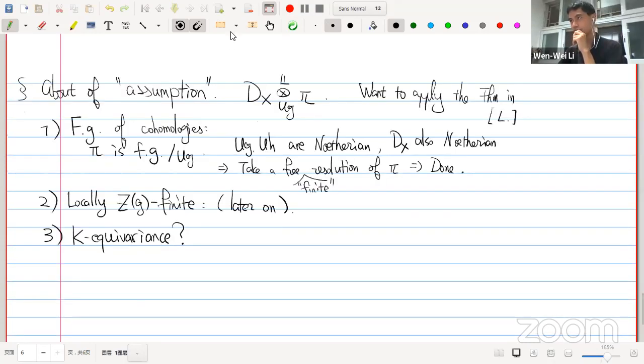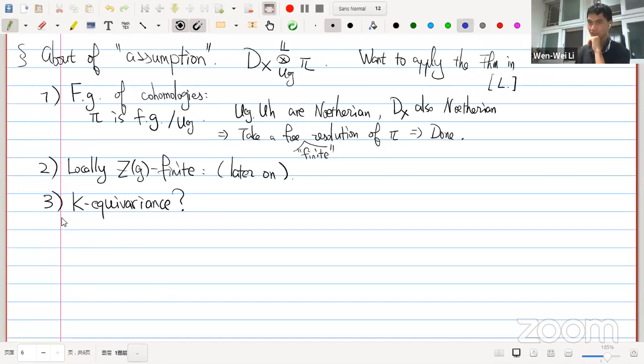So the problem is, when you want to compute the cohomologies of this tensor product, we take resolutions as G-modules, for example the standard resolution of G-modules.